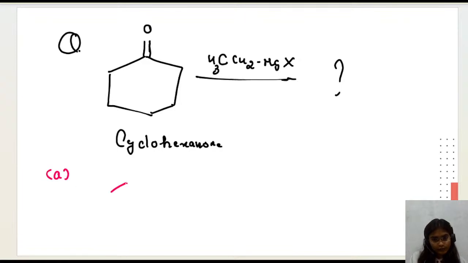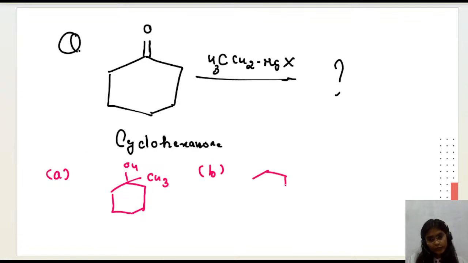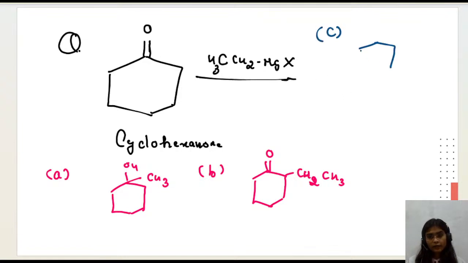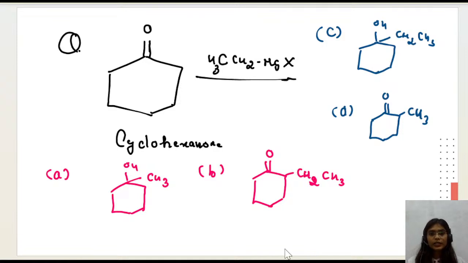Option number one, option B, option C. I have to write the option C here, okay? This is the option C, or option D. Yes, please, what is the correct answer here?